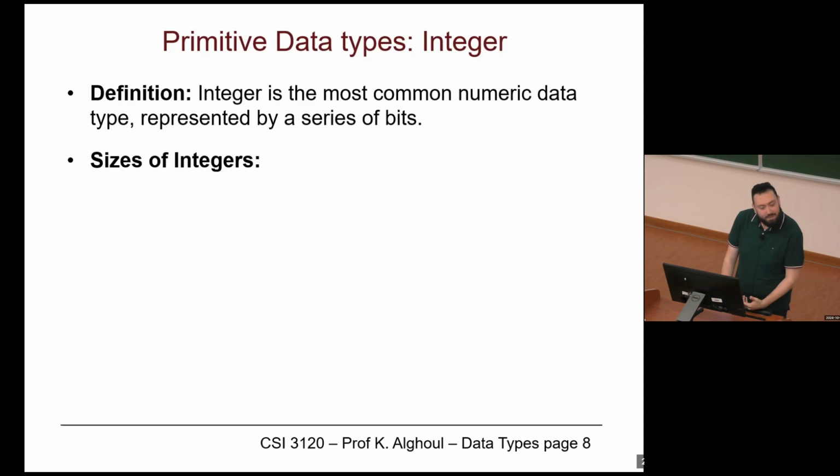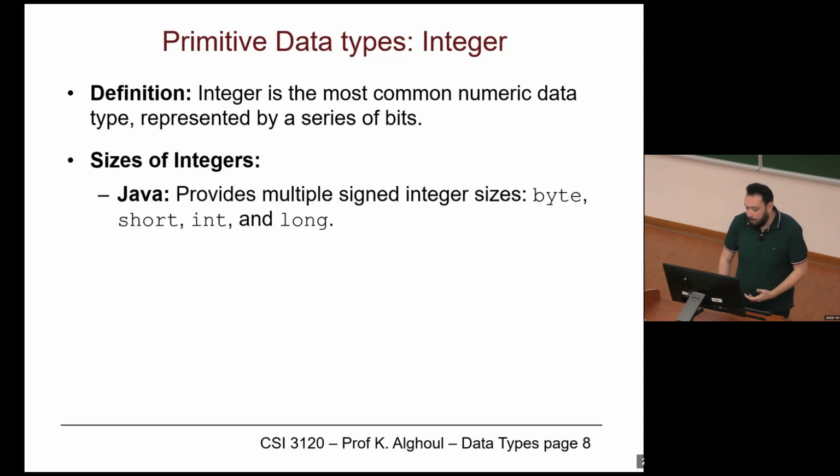It's called BigInteger. But other than that, the most common ones are byte, short, int, and long. These are the most common ones, and then we have other things, like BigInteger. Now, this is in Java.